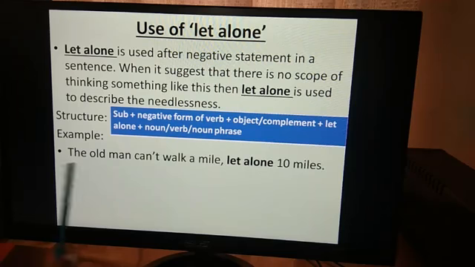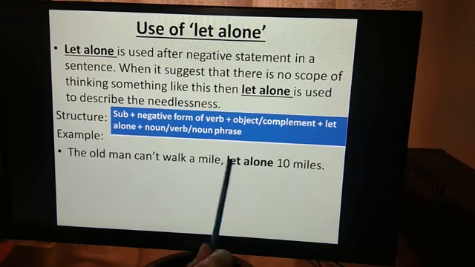Okay. So this is a negative statement. The old man cannot walk a mile. So 10 miles is too far for the old man to walk. So let alone. It suggests that the old man can never walk 10 miles. Okay. So this is why let alone is used.